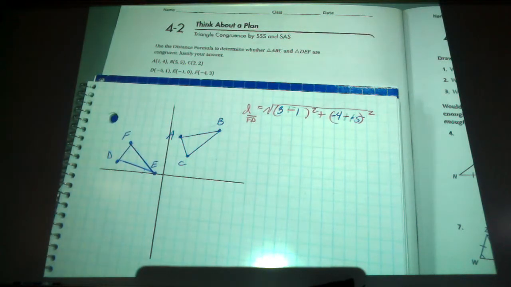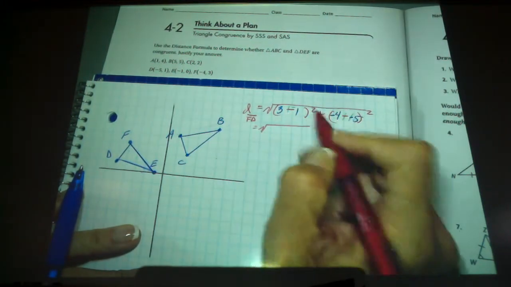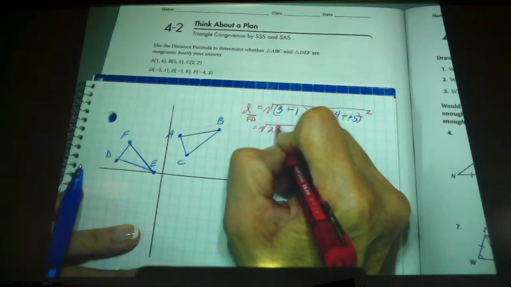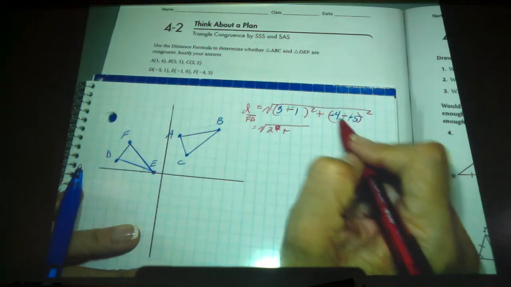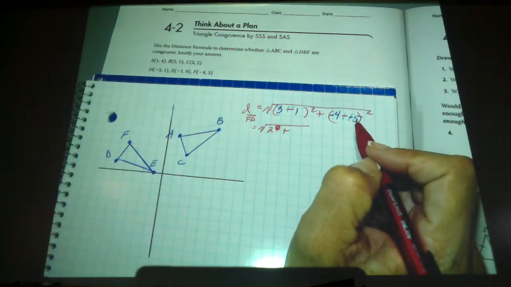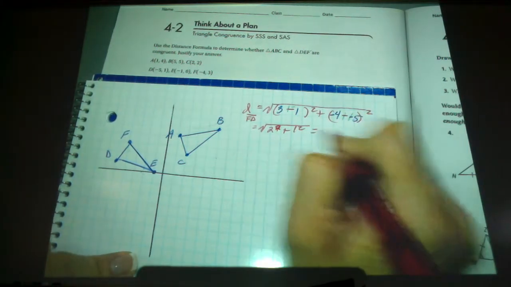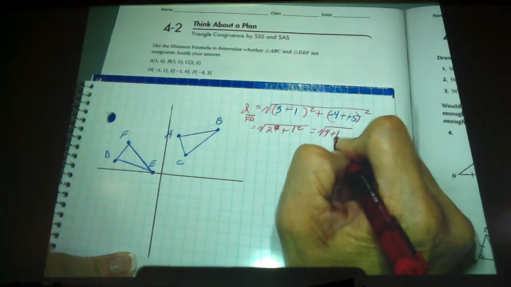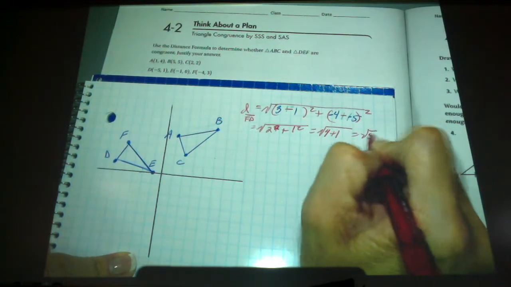It depends on the situation. That one you probably wouldn't have wanted to. And then we end up with 3 minus 1 is 2 squared, plus, what's -4 and +5? 1 squared, which equals 2 squared is 4, plus 1 squared is 1. Isn't that the square root of 5?